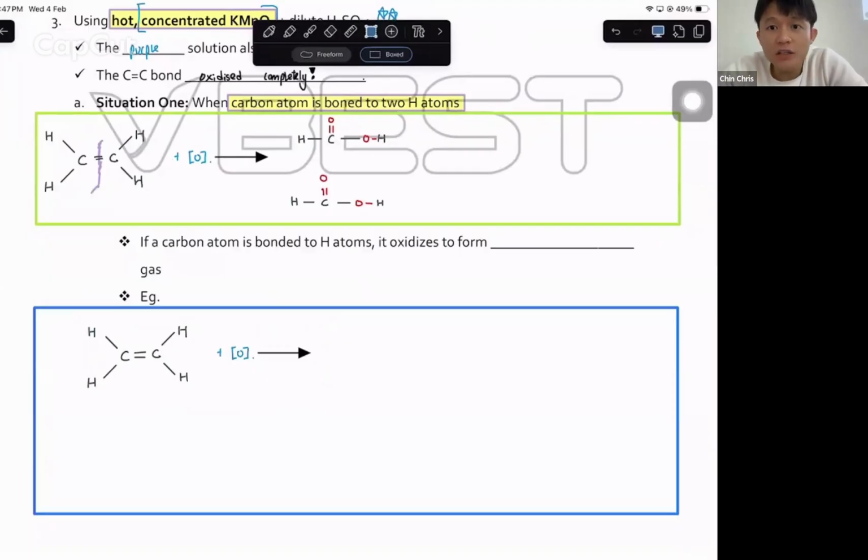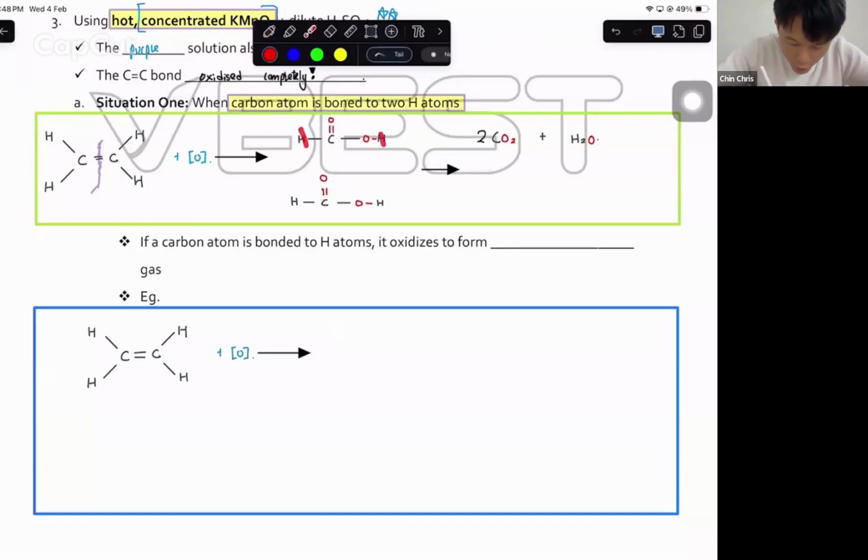Alright, guys. Eventually, once a methanoic acid is formed, methanoic acid can undergo further oxidation. So you can oxidize this compound further, and you break everything. It's going to turn into CO2 and H2O. So the final product is CO2 and H2O. How many CO2? 1, 2, so 2 CO2.